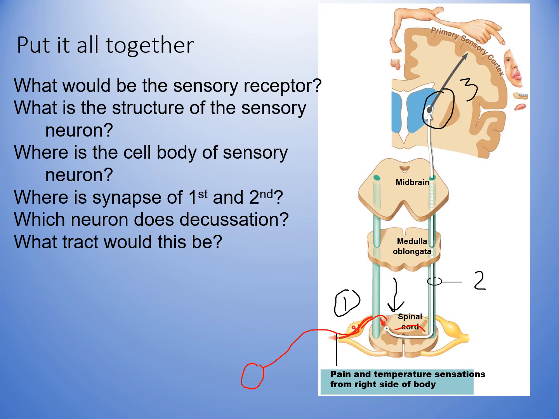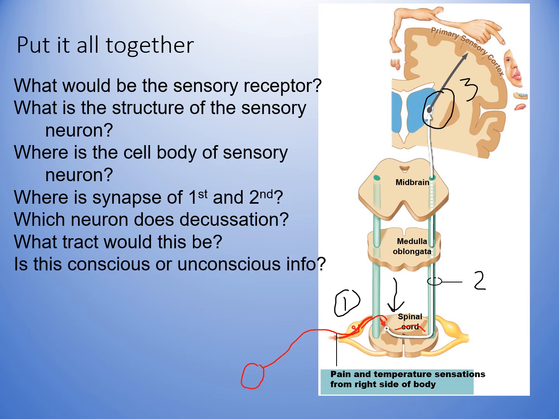Now, number one, it's a sensory tract. And since we're carrying conscious information, and I told you that we're going to the thalamus, this would be the spinothalamic tract. This neuron, number 2, is part of a group of neurons that brings information to the thalamus.